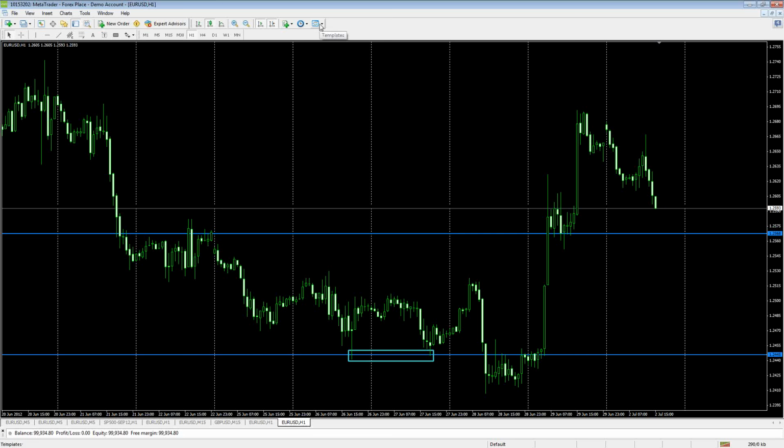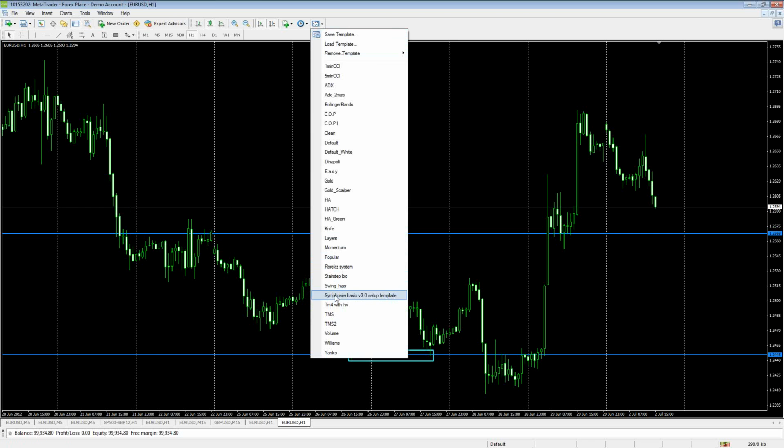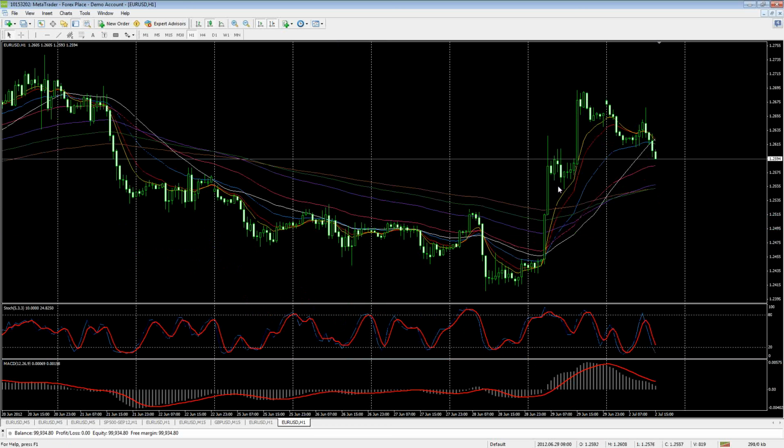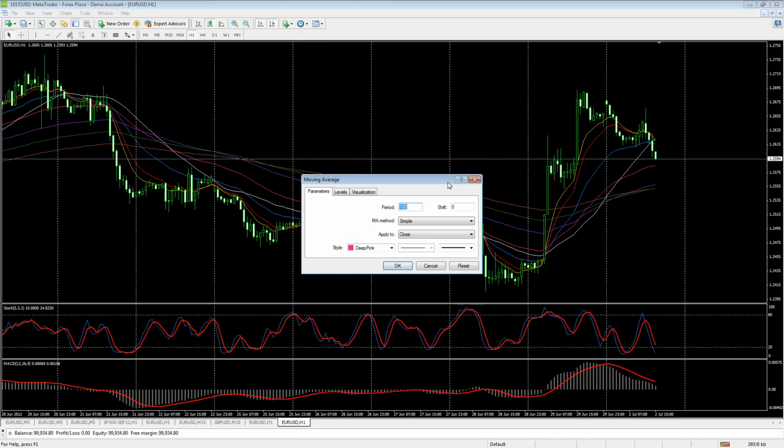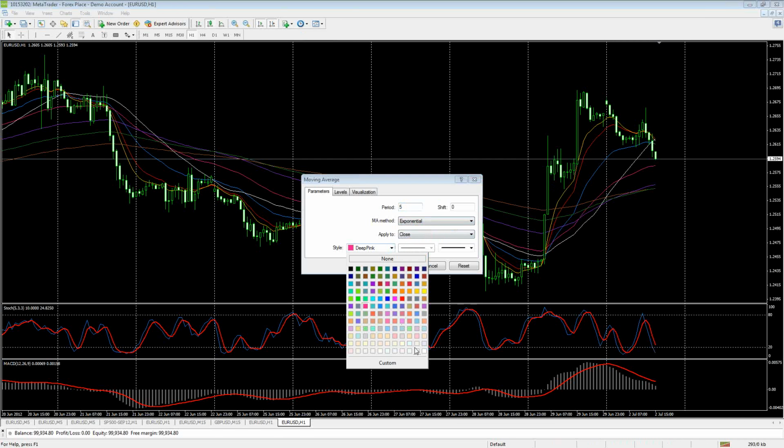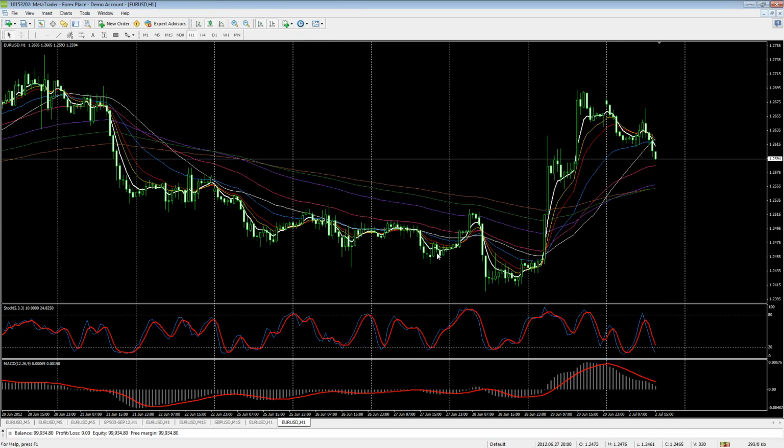Now, obviously, I don't know exactly which moving average will eventually support, but you can see here the consolidation zone, and we can also add the 5 exponential. That's also a potential moving average.